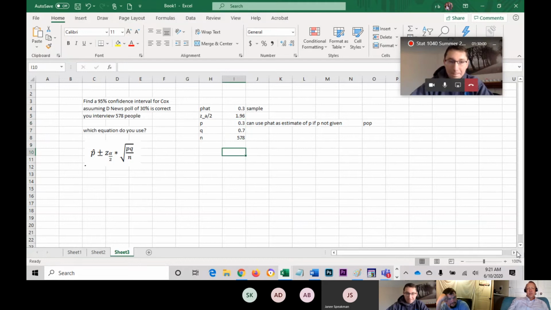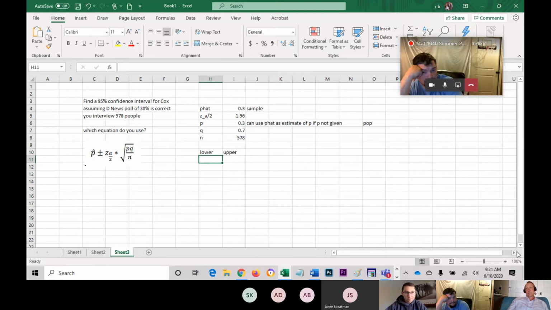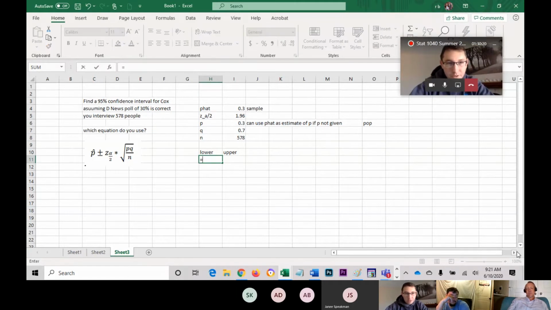So who wants to figure out your lower and your upper bounds? So your lower bound would be 0.3 minus 1.96 times the square root of 0.3 times 0.7 divided by 578.